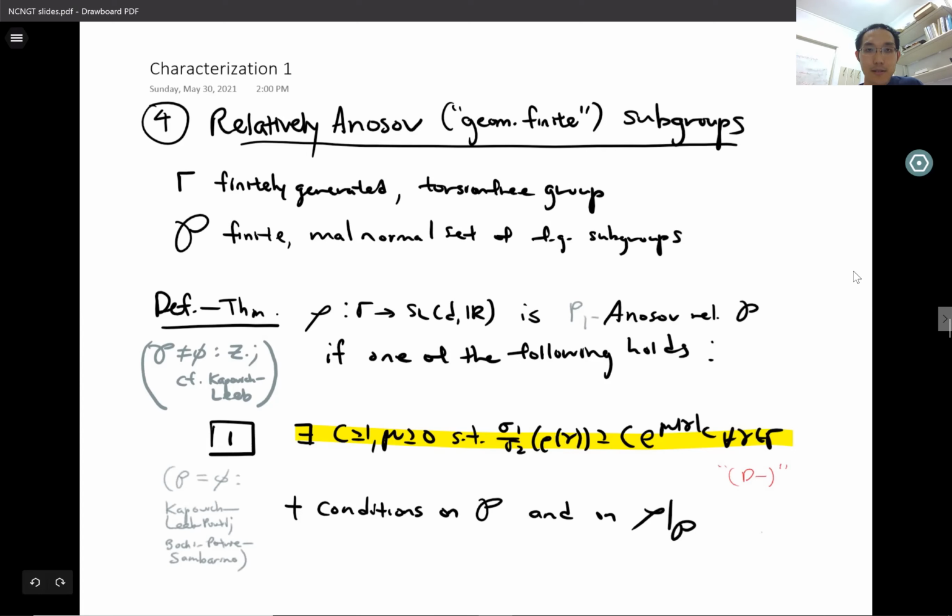Okay, so first characterization, the ratio of the first and second singular values of rho of gamma grows uniformly exponentially in the cusp word length of gamma, meaning there are constants C and mu, which make this inequality hold for all elements gamma in the group gamma, plus some mild conditions on the peripheral subgroups and their images.